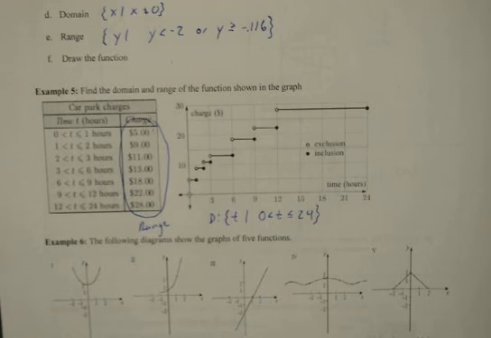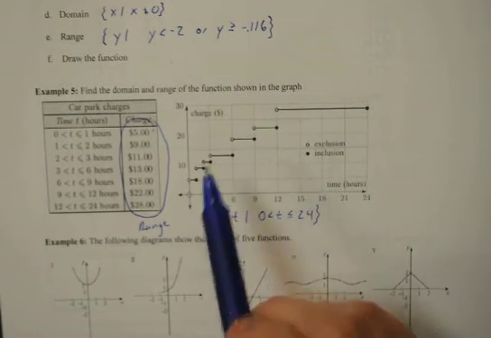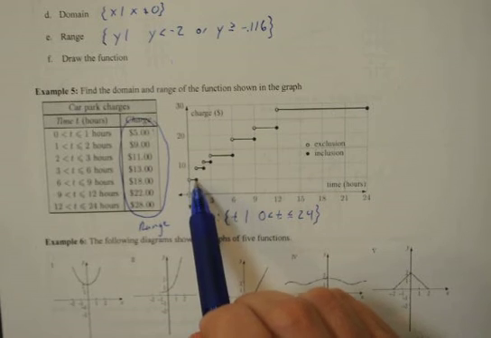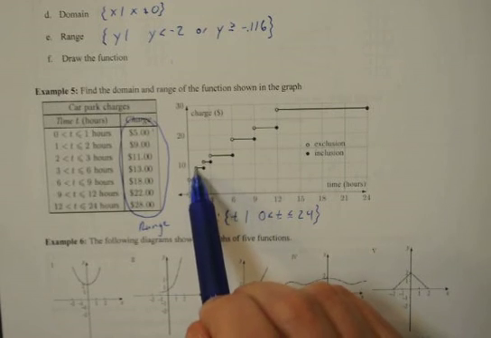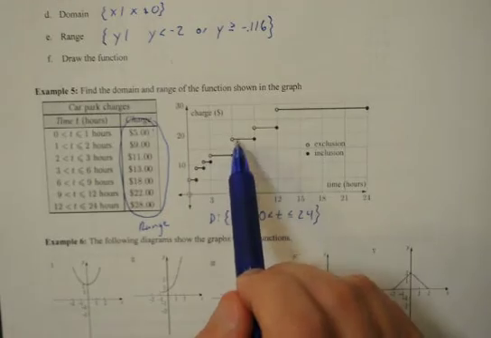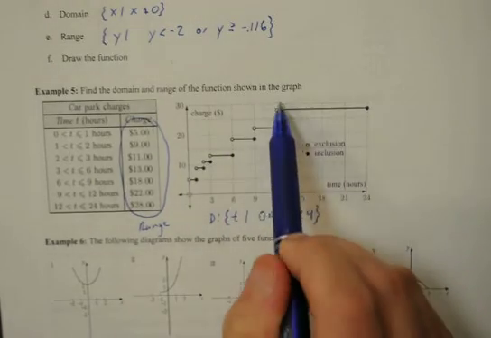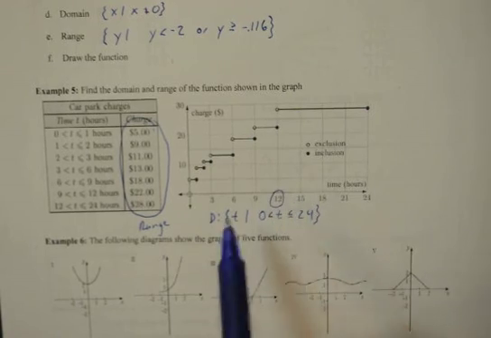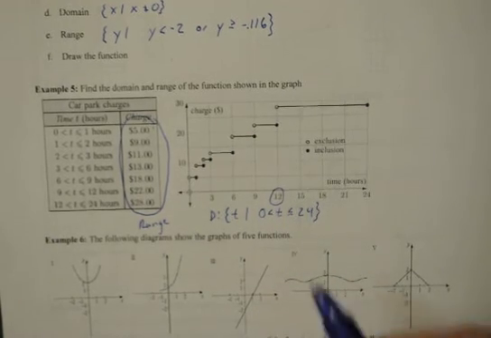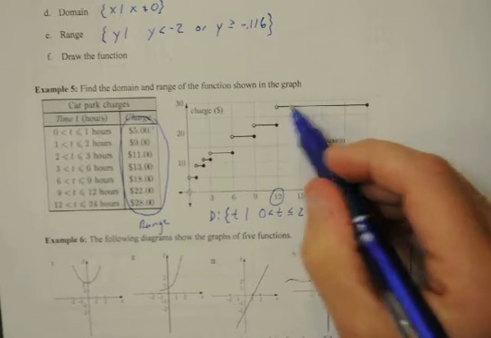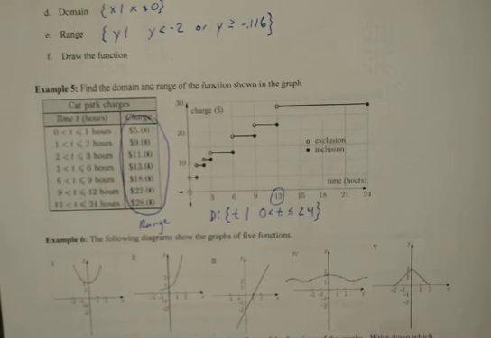So that would be our domain in this problem. And it's not that I'm skipping, it's that I'm jumping, from here to here, from here to here. So I'm not skipping over any values. It's not like time jumps over 12 for some reason. It's that it just goes up to a new charge.